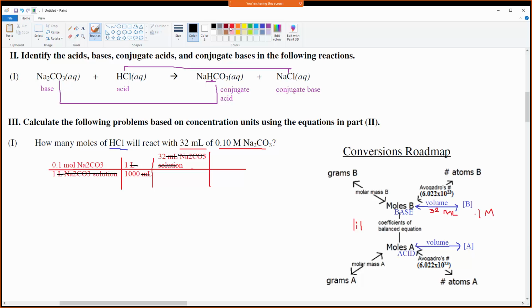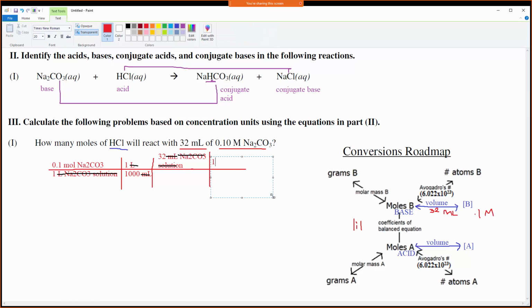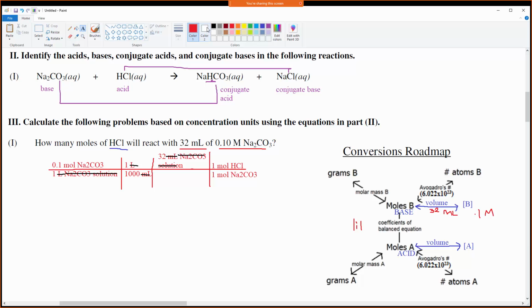Now the coefficients, which as Sarah noted, they are 1 to 1. Okay, so we have 1 mole of the HCl and every 1 mole of Na2CO3 that reacts according to this equation. That works. Moles of Na2CO3 cancel. Now we are at moles of HCl, and oh, then we stop.